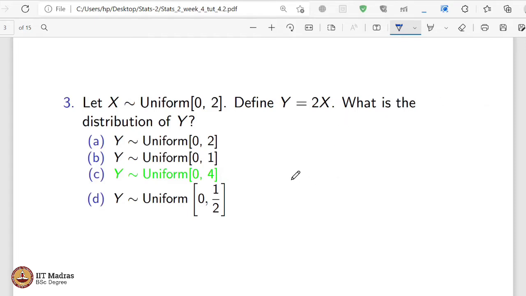So x has been given here; the distribution of x is from 0 to 2.